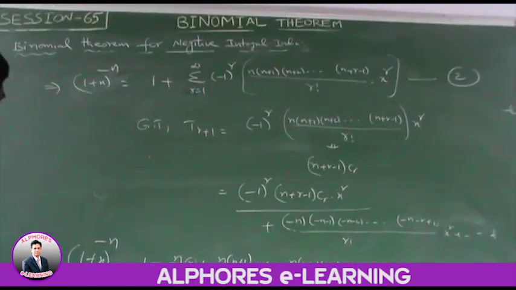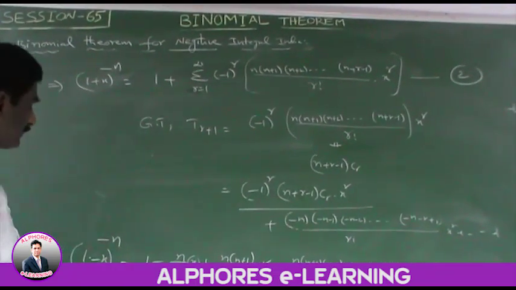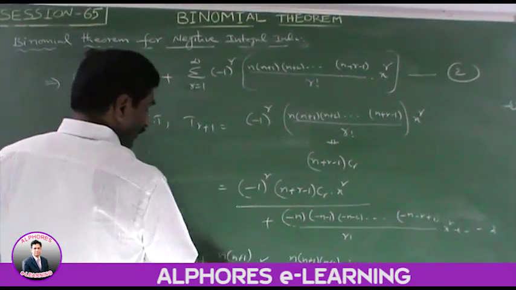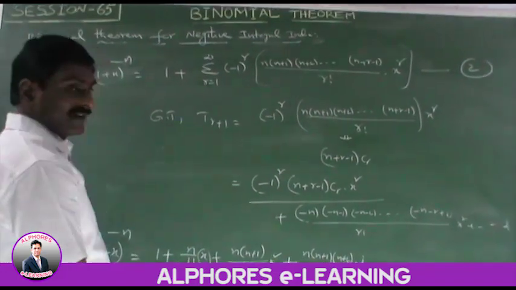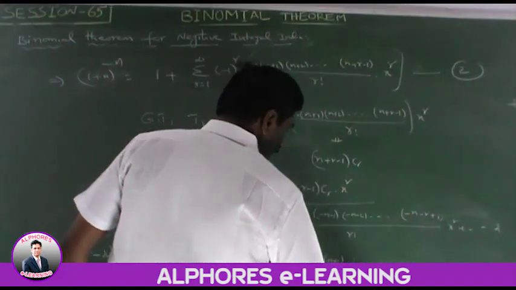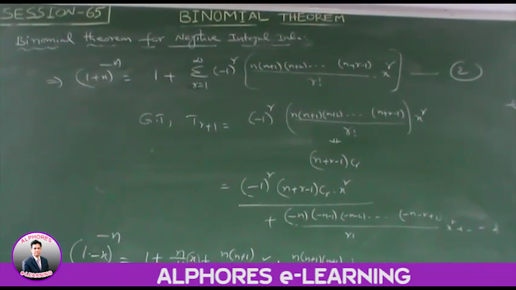So we get, please write this value. 1 minus x whole power minus n is equal to 1 plus n by 1 factorial into x plus n into (n plus 1) by 2 factorial into x square plus n into (n plus 1) into (n plus 2) by 3 factorial into x cube, and so on, n into (n plus 1) into so on (n plus r minus 1) by r factorial into x power r.